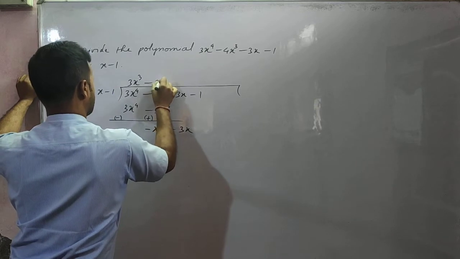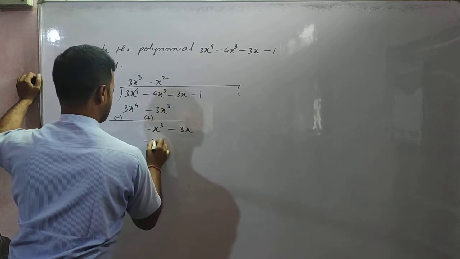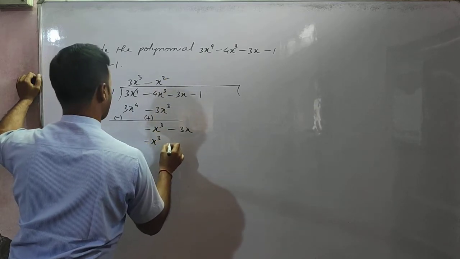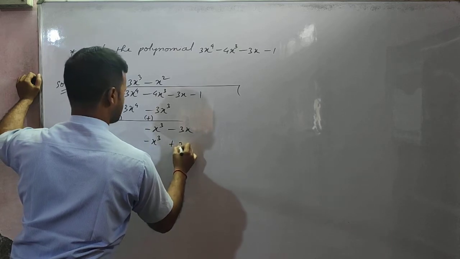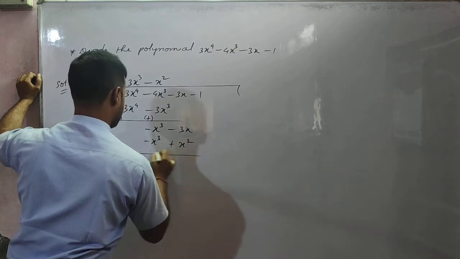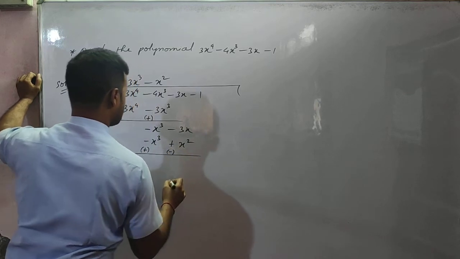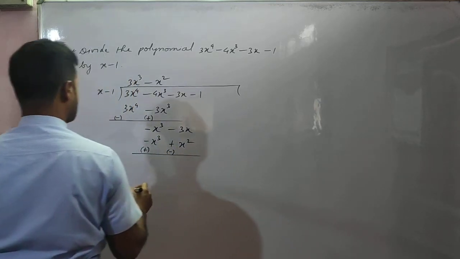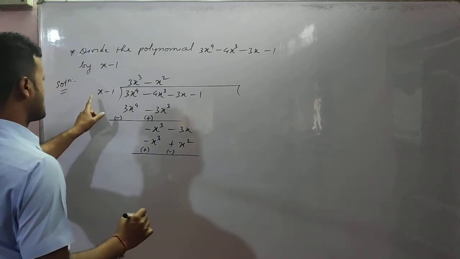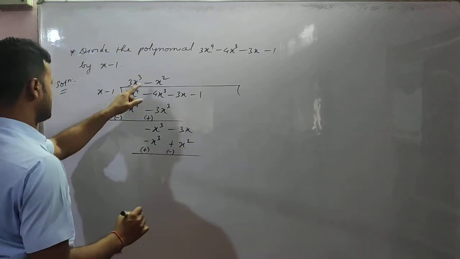So minus x squared times x, minus x cubed plus x squared.